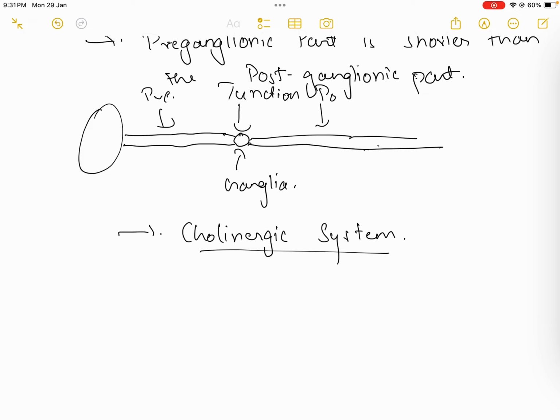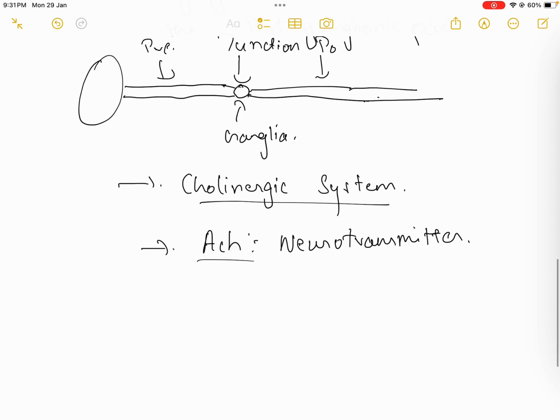The reason is one of the most prominent neurotransmitters, acetylcholine. It is one of the most prominent neurotransmitters in our body. Why do we name the parasympathetic system the cholinergic system?